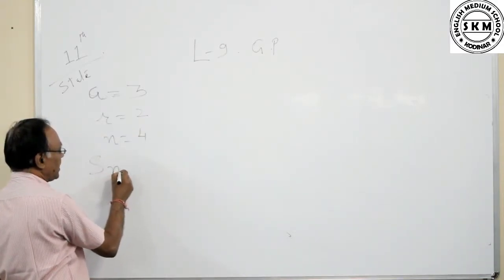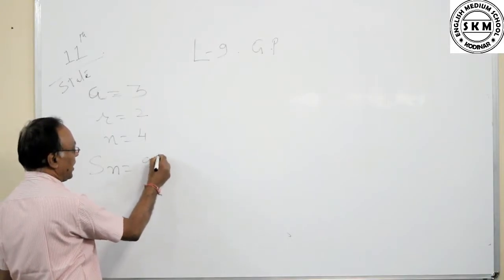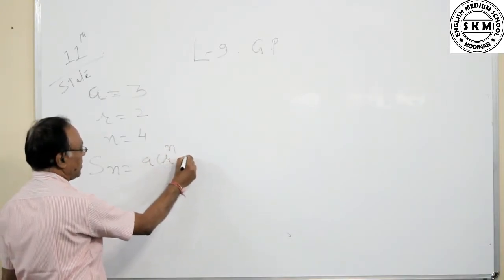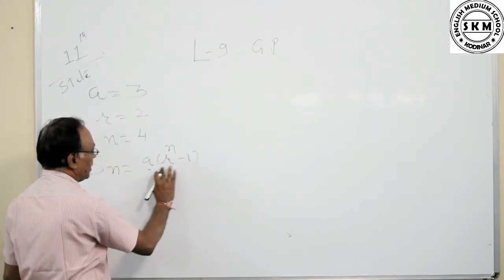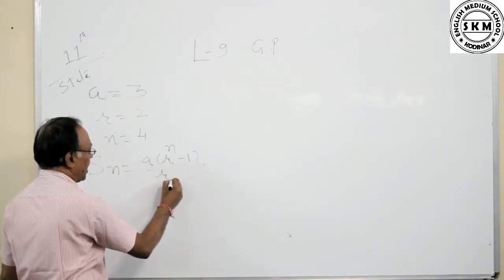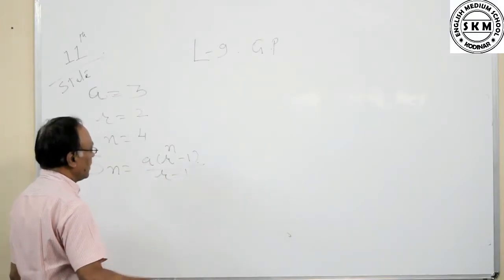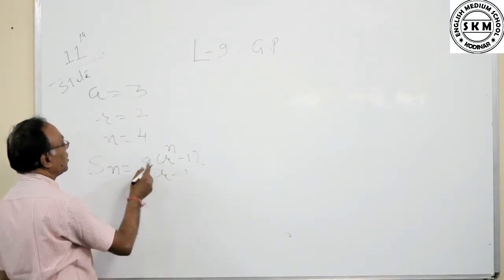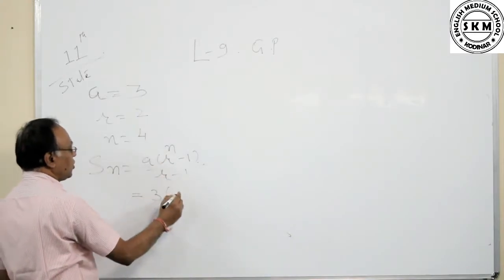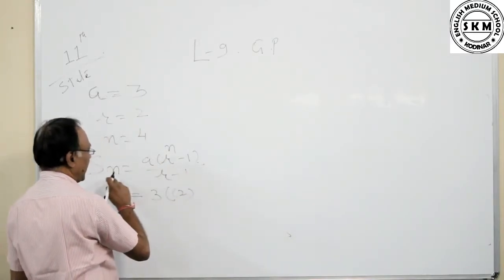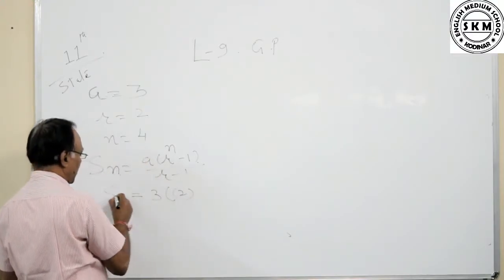Apply the formula. Sn is equal to A into r raised to n minus 1 upon r minus 1, is equal to 3, 2, and n is given 4.